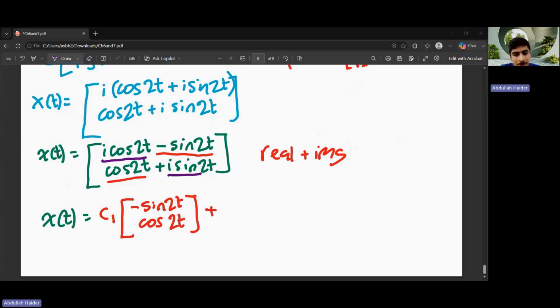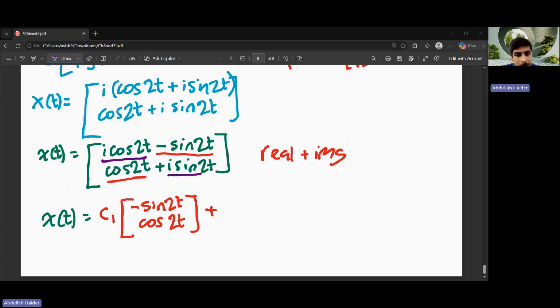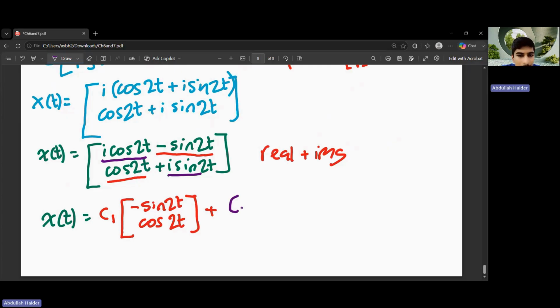Usually we do not include the letter i in these problems. So C2 times cosine 2t, sine 2t.